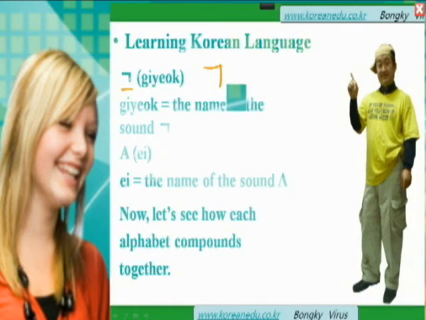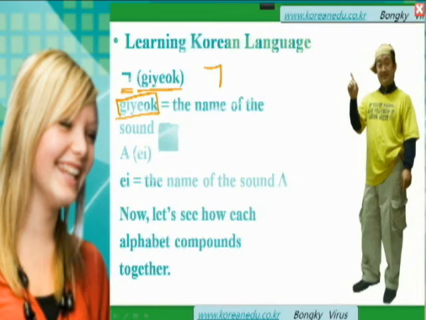So don't worry about memorizing and studying the consonants and vowels. I'm just showing you the similarity and difference between the English language and the Korean language. So let's see the first consonant of the Korean alphabet, 기역. We can just write 기역 here. What is 기역? 기역 is the name of the sound 기역.